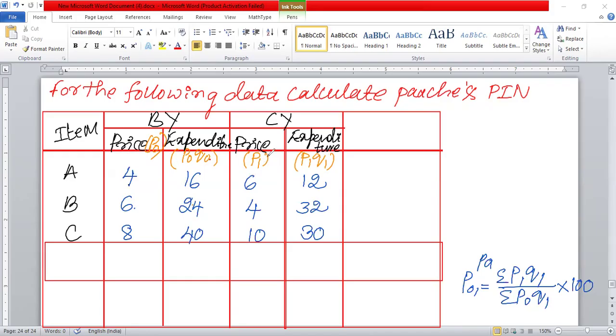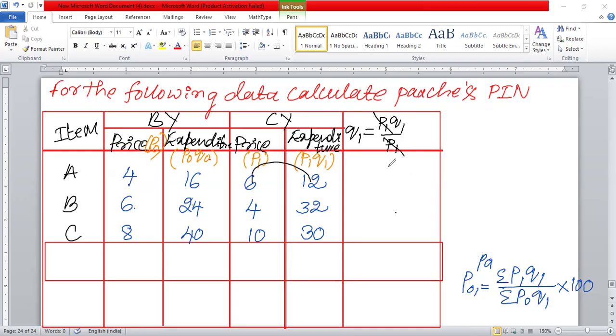So Q1 we need to calculate. P1 Q1 by P1, P1 cancels, so we get Q1.